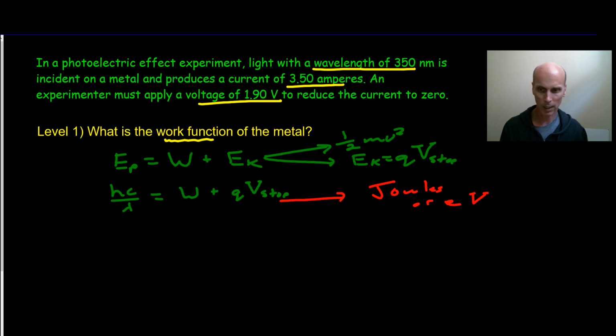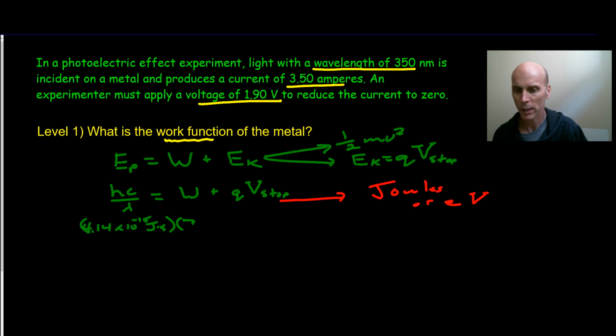So h in terms of electron volts is 4.14 times 10 to the minus 15 electron volt seconds, multiplied by 3 times 10 to the 8th for the speed of light, c, meters per second, divided by the wavelength given in the question, 350 nanometers, so that's 350 times 10 to the minus 9 meters.